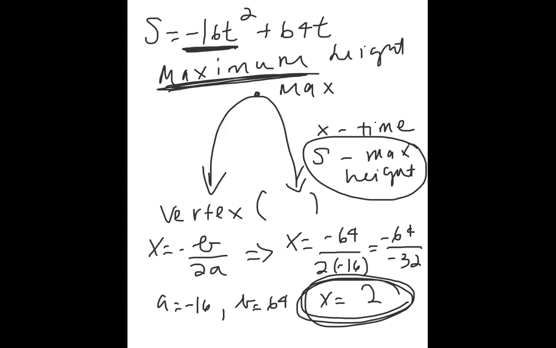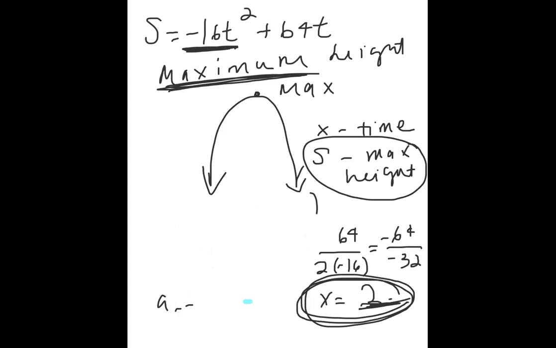But that's not the answer you're looking for. You're looking for the actual maximum height. So how do we figure it out? Well, figure out where the ball is at 2 seconds. So you're going to take that 2 seconds and plug it back into the equation. Okay, so let me erase a little bit here so I can do the substitution to find the value of s. So I'm going to go into the function. Let me use a different color here. And I'm going to substitute the 2 in for t.